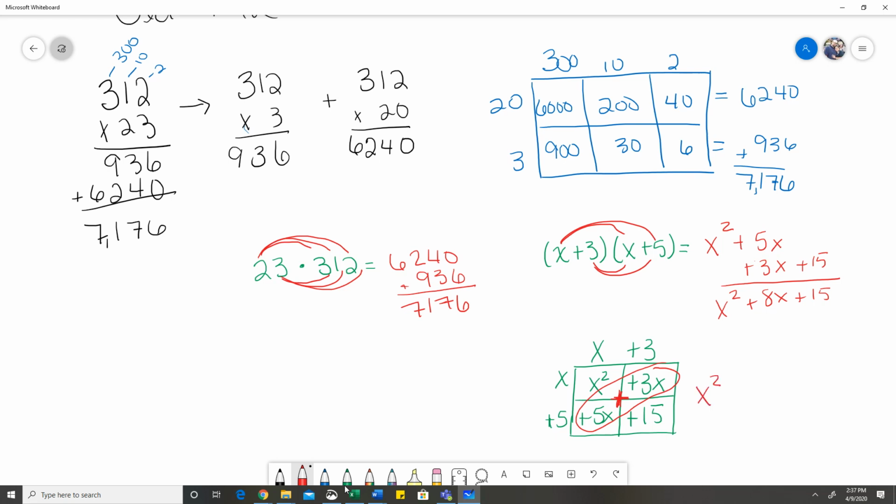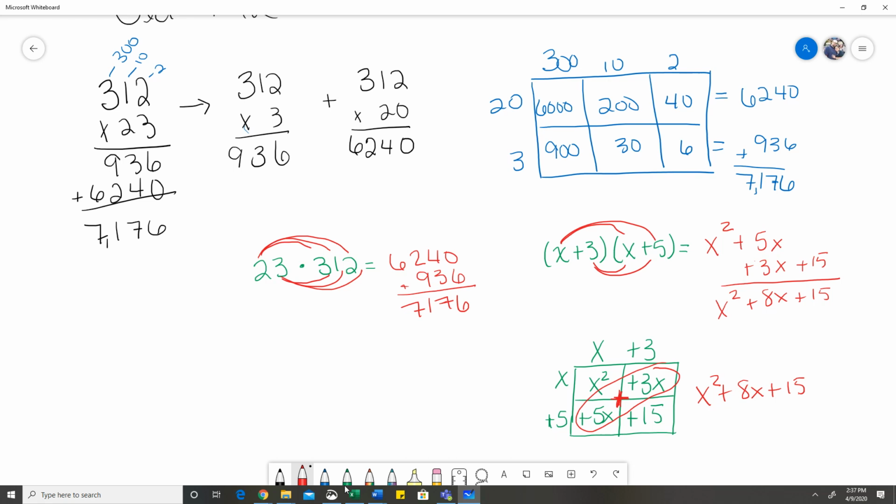When I do 3x plus 5x, we get 8x. And then the plus 15 gets written down. Okay. Both distributing, the double distributing up here, what we learned back in the day as FOIL, and this box method are perfectly valid ways of multiplying these binomials together, and we still come out with the same correct answer.